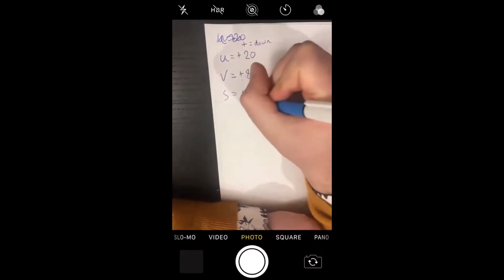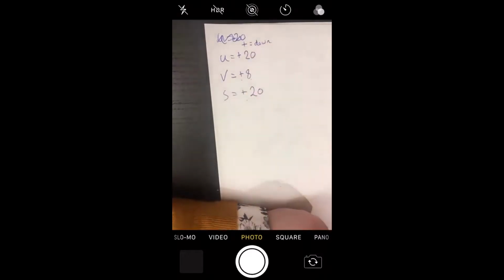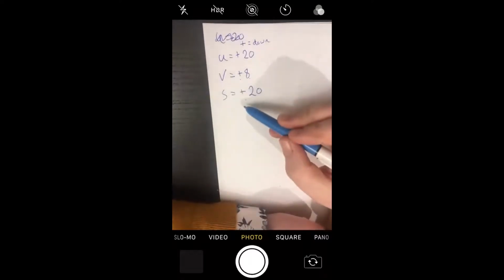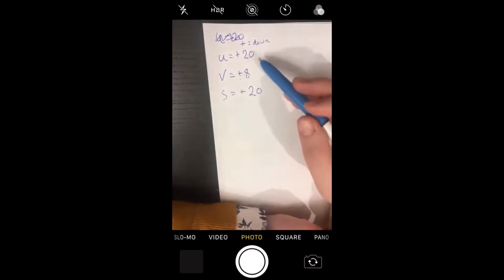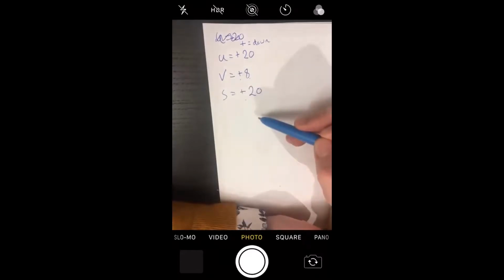So that's plus 20. The direction that you're falling is downwards, so the distance that you've fallen is a downward displacement.